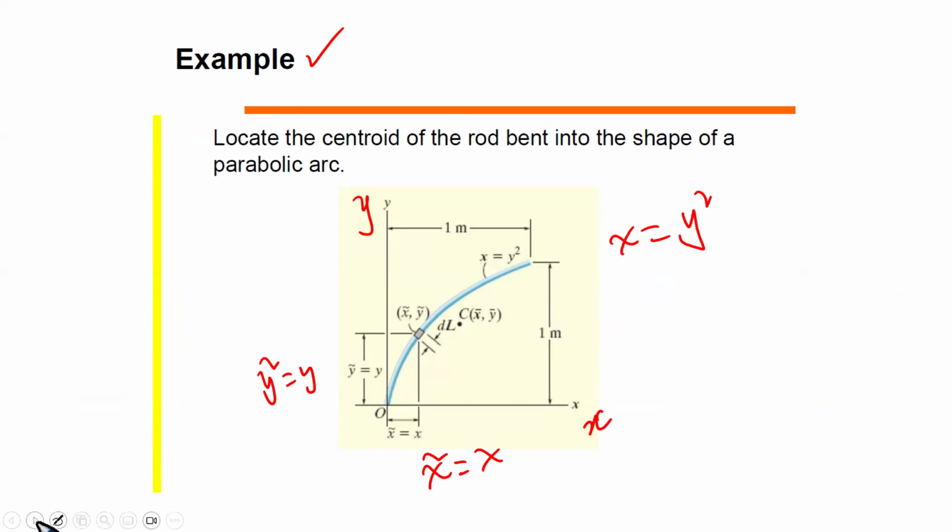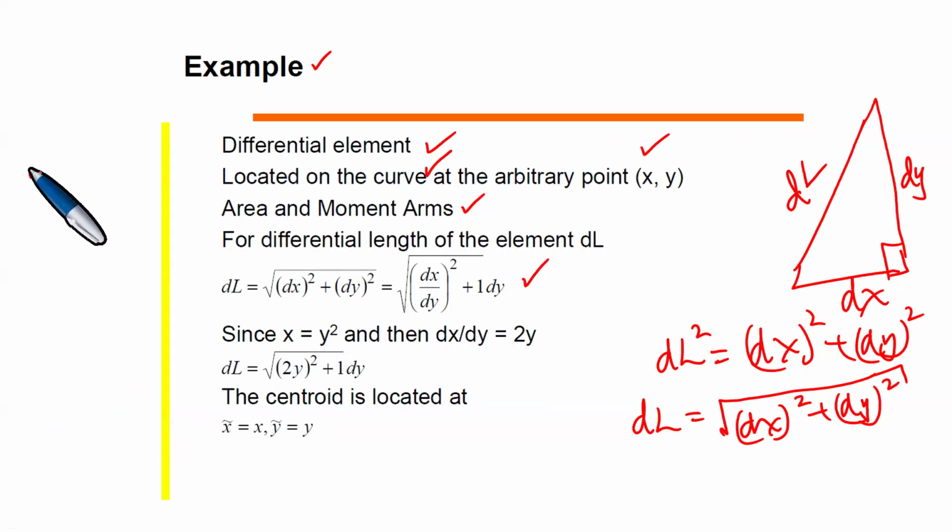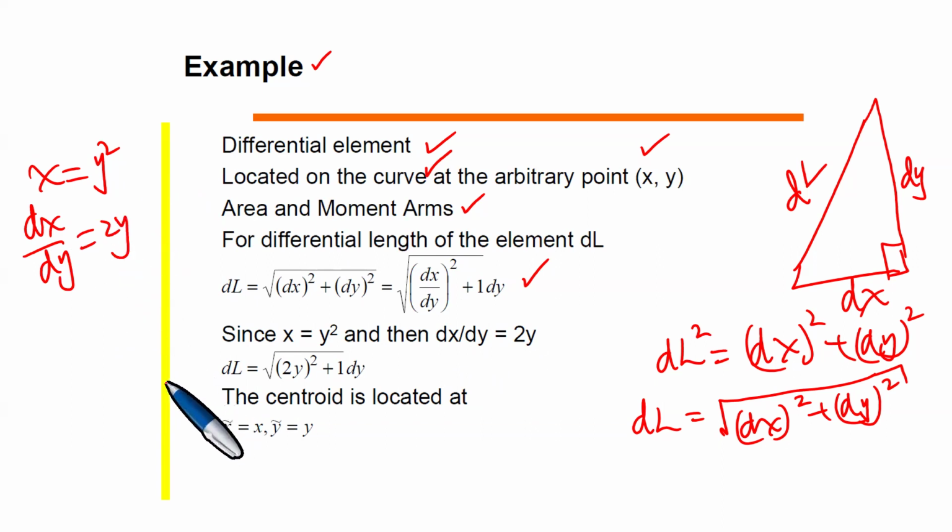So we can perform some differentiation here, because if x is equal to y squared, in this particular expression we need dx/dy, and dx/dy is 2y. Now, if dx/dy is 2y, then let's perform substitution into this particular formula.